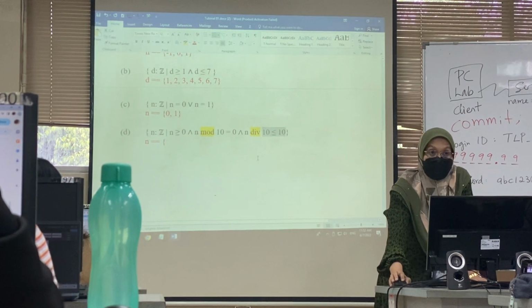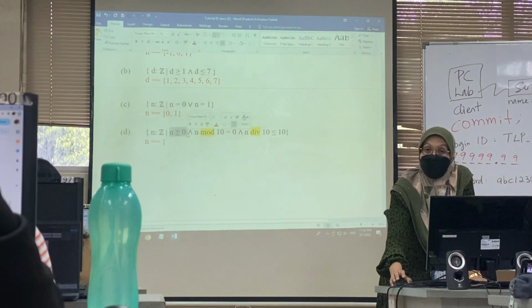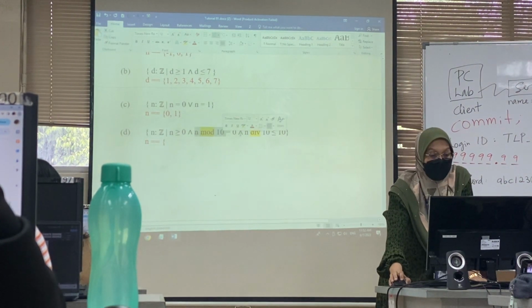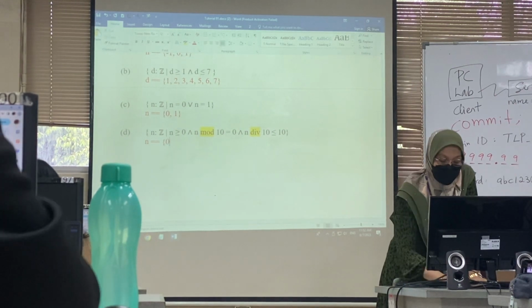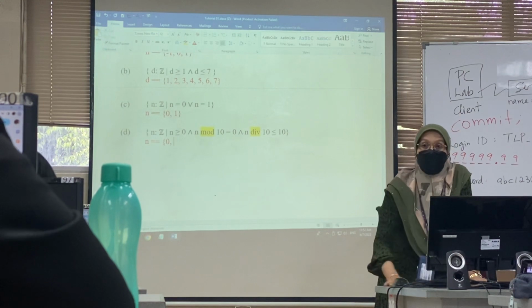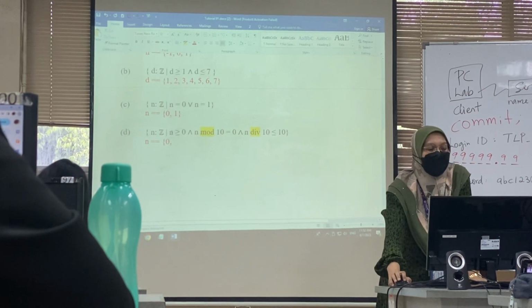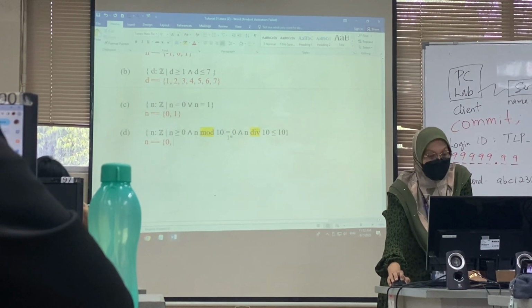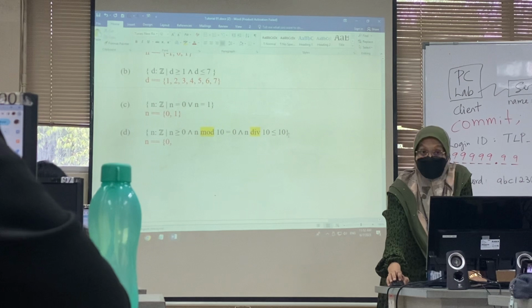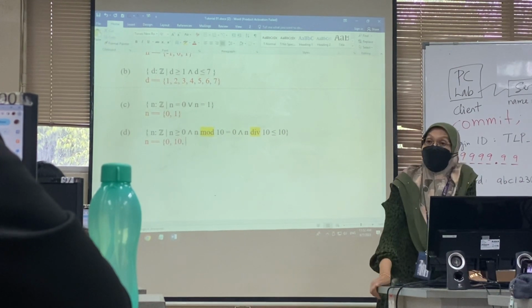So meaning that you start from 0. n greater than or equal to 0. 0 modulus 10, 0 also. 0 divide 10 also 0. So you start from 0, you get 0. Then after that 1, 2, 3, 4, 5, 6, 7, 8, 9, 10. Okay? 10 is greater than 0. 10 modulus 10, the answer is 0. 10 divide 10 less than 10. True. So 10.